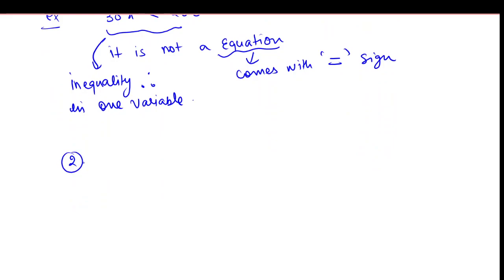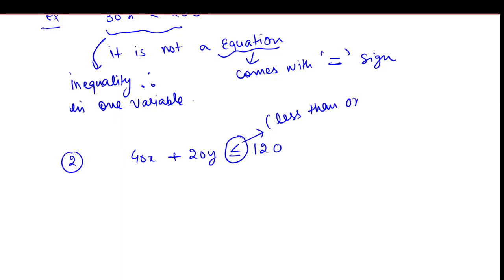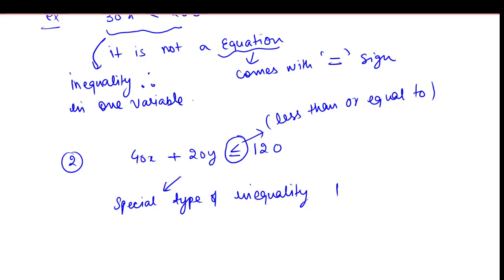Second example, 40x plus 20y is less than or equal to 120. So this sign means less than or equal to. It is a special type of inequality that contains two parts.